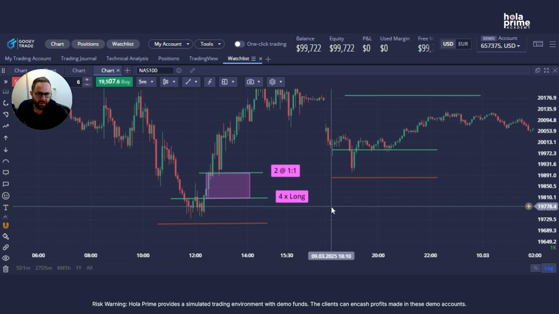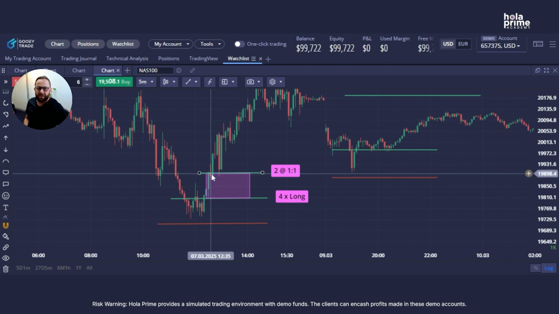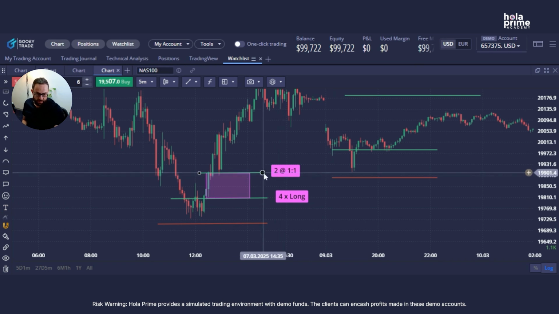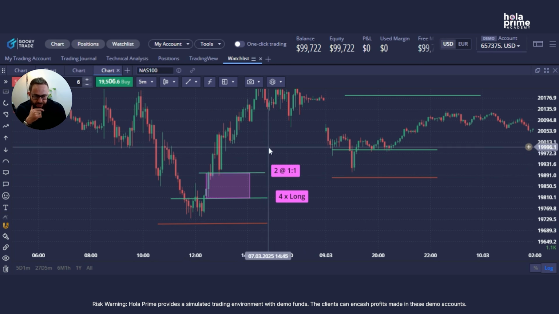All right. So at this stage, as price reaches that, then I would only have 2 contracts remaining in the market, or 2 lots, depending on what you trade. Pips, lots, contracts, whatever floats your boat.